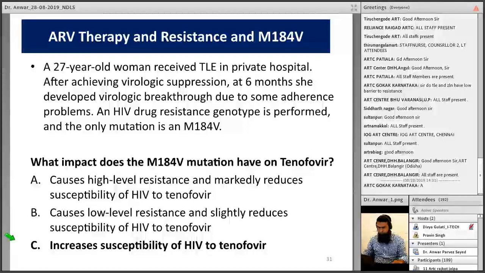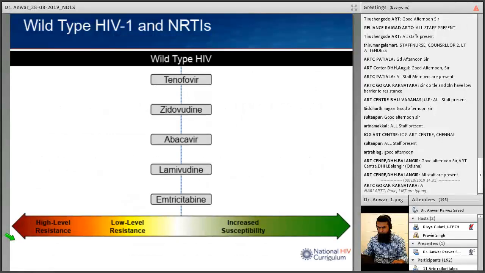If there is a presence of a mutation, that mutation can cause resistance to one particular ART medication, but at the same time the same mutation may cause increased susceptibility to another drug. So this might happen in ART, and that is what we want to see in this session. Now, in presence of 184V, I'll give you again an example.